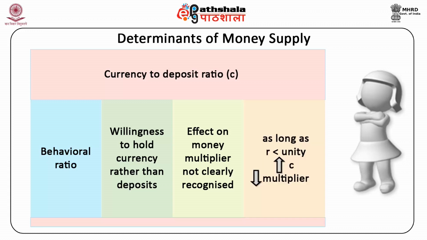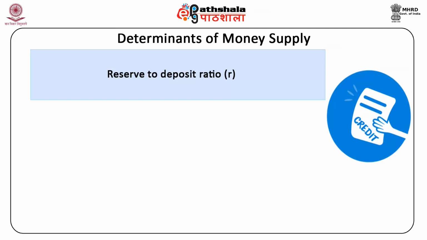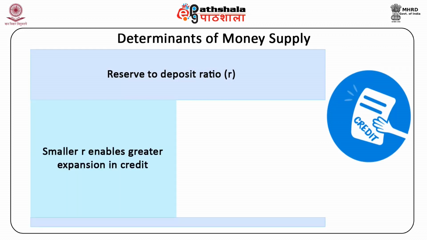But as long as the r ratio is less than unity, a rise in the c ratio must reduce the multiplier. Reserve to deposit ratio. A smaller r enables greater expansion in credit by the banks and thus increases the money supply, and vice versa.